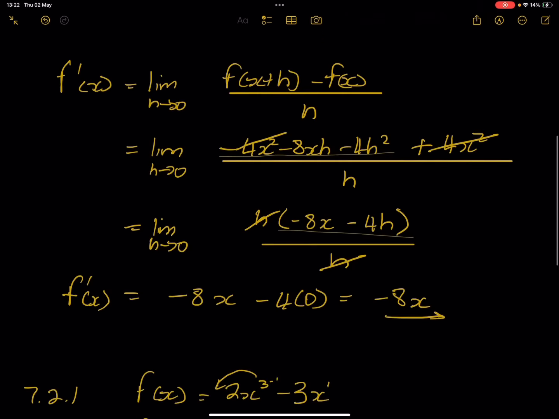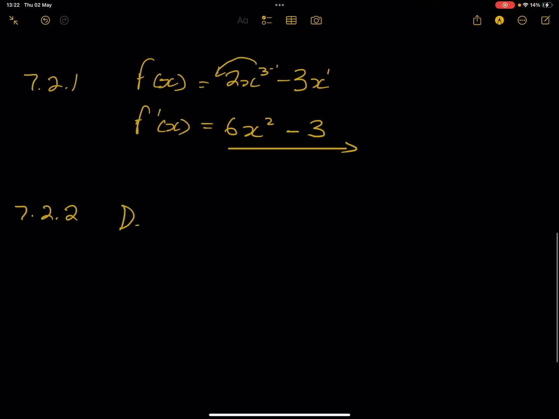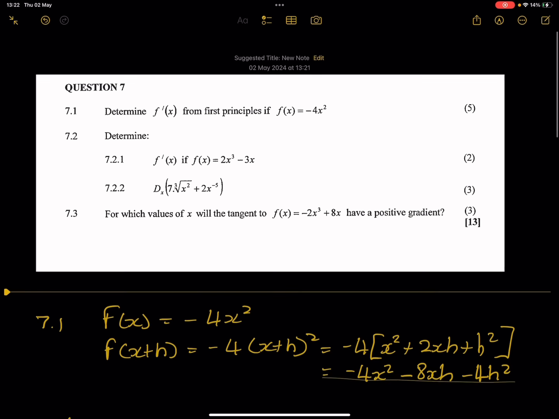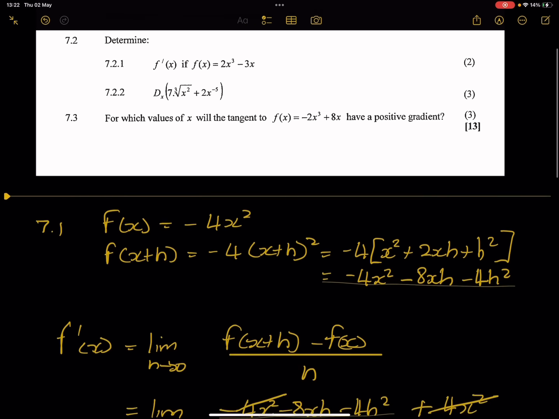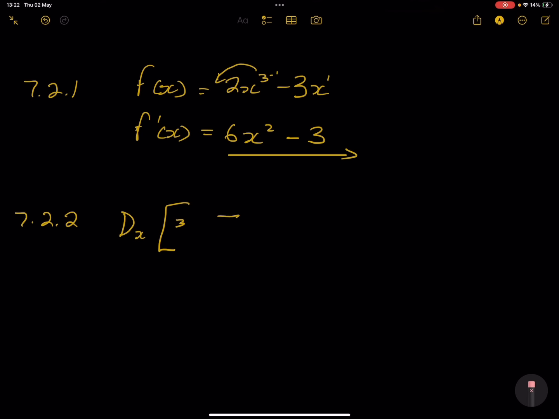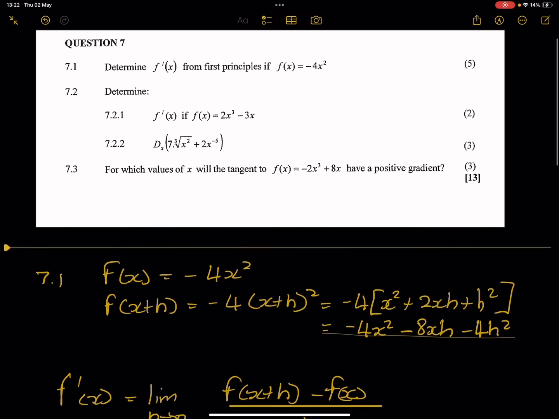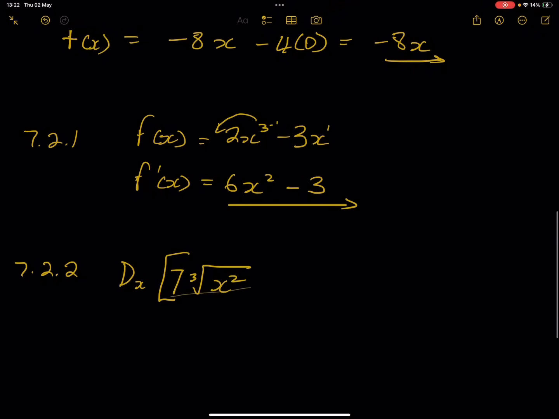So we've got d of x, and I think we've got a cube root over there, that's 7 times the cube root of x squared, and this is plus 2x exponent minus 5.